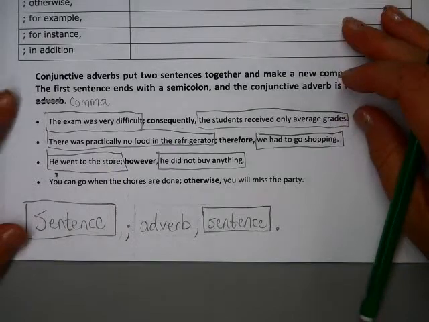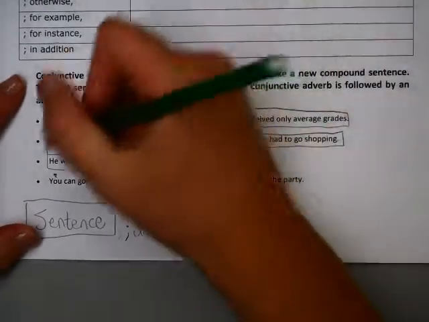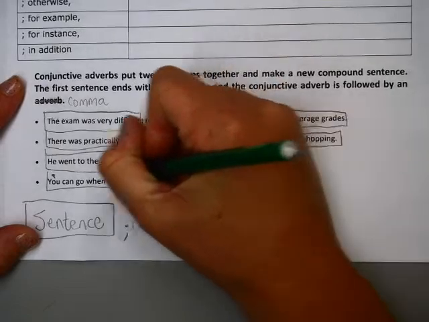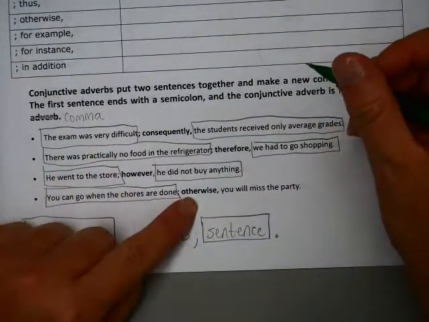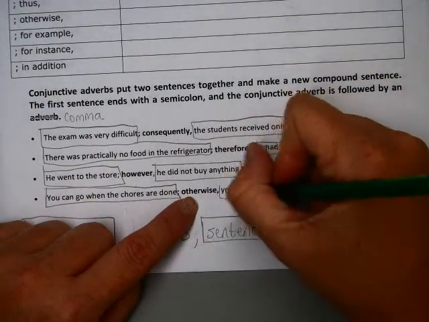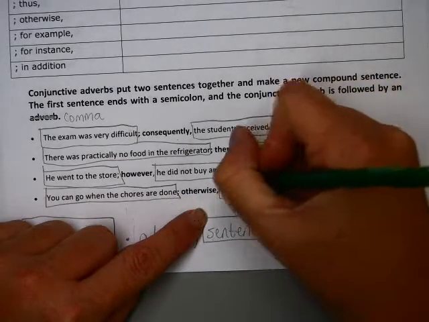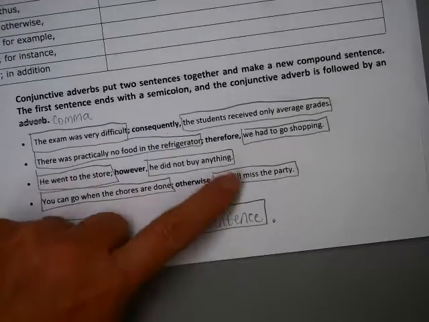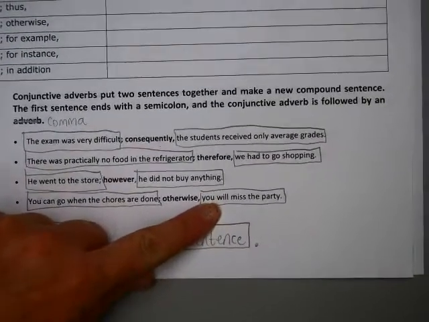All right. Last one that I've given to you. You can go when the chores are done. We have our subject, we have our verb, we have a complete thought, so we have a sentence. Otherwise, you will miss the party. So these two kind of go together. So basically, if this one doesn't happen, this one's not going to happen either.